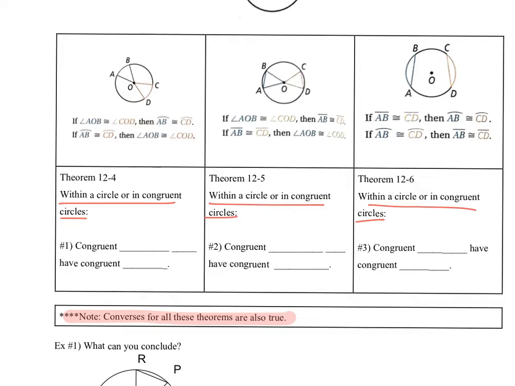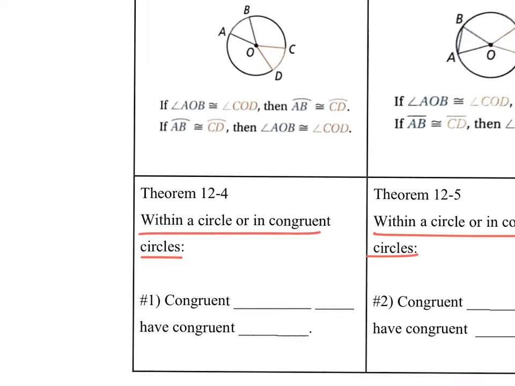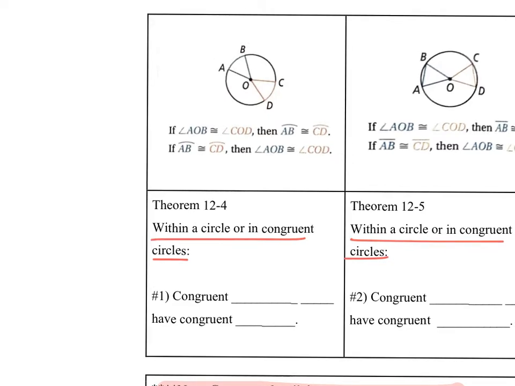So first theorem, this is theorem 12.4, and it says within a circle or in congruent circles, congruent central angles have congruent arcs.